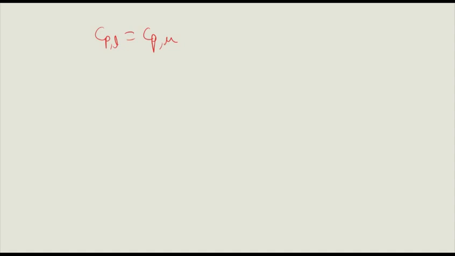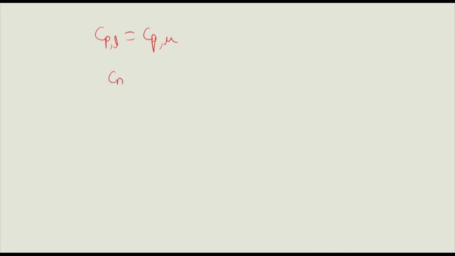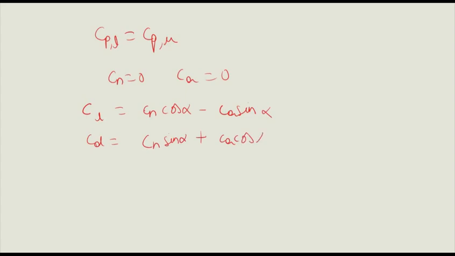So which means if they are equal, CPL and CPU are equal, then what happens to the integrands in the equation 13 and 14? They go to 0, which means my Cn is equal to 0 and Ca is equal to 0. So the coefficient of lift Cl in terms of forces is given as Cn cos alpha minus Ca sin alpha, and CD is given as Cn sin alpha plus Ca cos alpha.